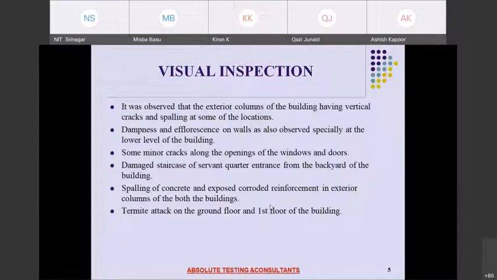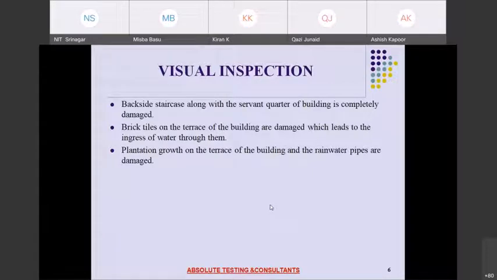Termite attack on the ground floor and first floor of the buildings. Then backside staircase along with the servant quarter of building is completely damaged. Brick tiles on the terrace of the buildings are damaged, which leads to the ingress of water through them. And plantation growth on the terrace of the building and the rainwater pipes are damaged. These were some basic visual inspection points which we have mentioned.